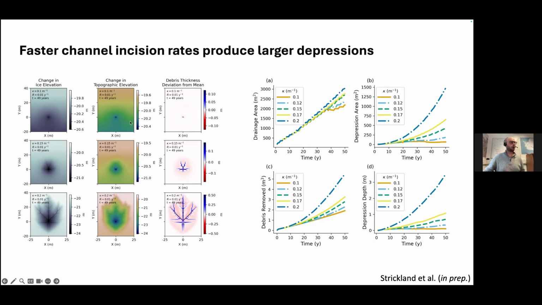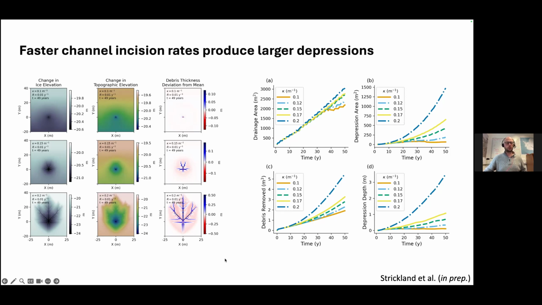So this top row here has the lowest value of K that I examined, and only a very small depression, a few pixels wide, formed in this simulation. But a doubling of that constant causes a depression that grows and rapidly fills the model space.